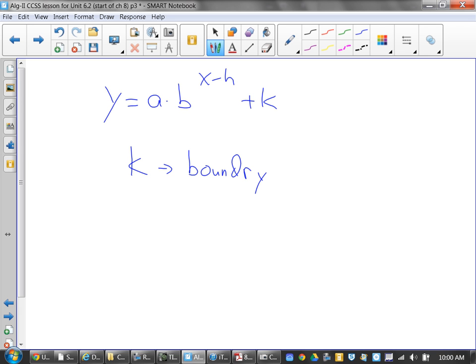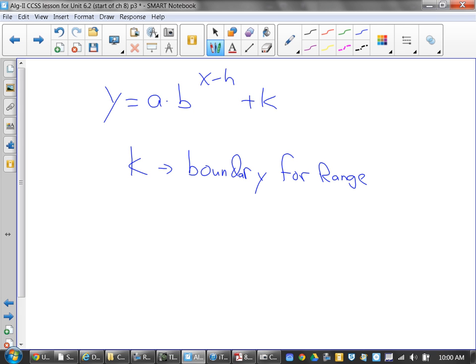So your K value is going to be your boundary for your range.